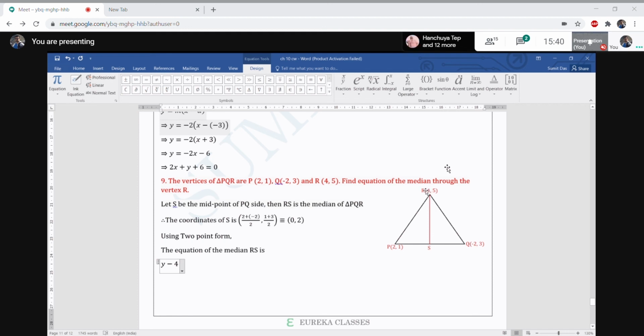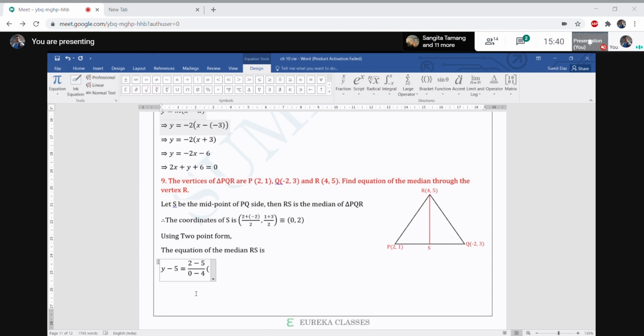So y1 is 5. Then we have to find the slope, that is y2 minus y1 divided by x2 minus x1. What is y2? 2 minus y1, y1 is 5. Oh sorry, here y minus y1, so here y1 is 5. What is x2? 0 minus x1, which is 4.